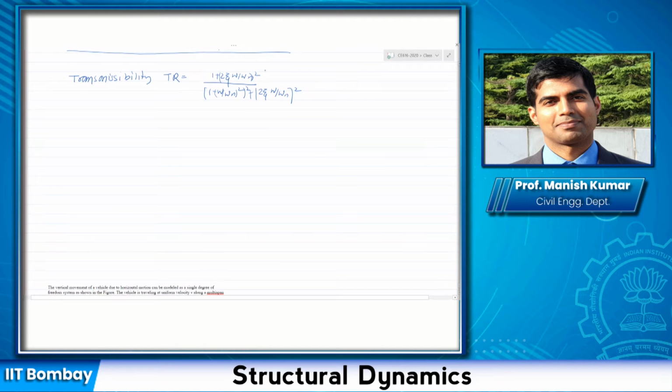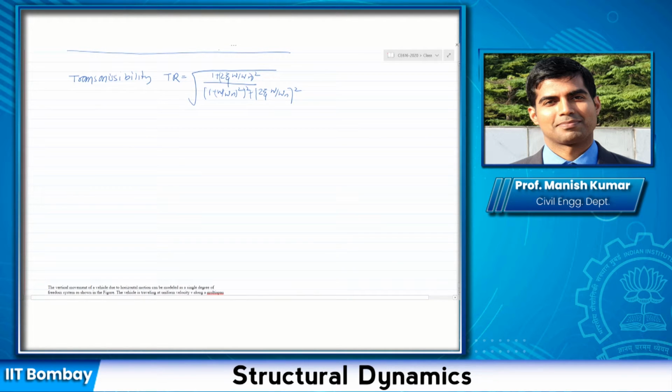So now you have this whole square term, and we saw that the transmissibility ratio is used to represent the amplification or reduction in response for several types of excitation or load cases.